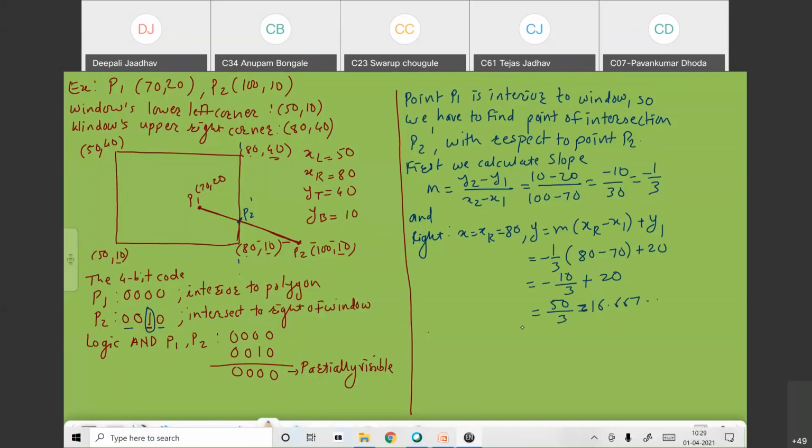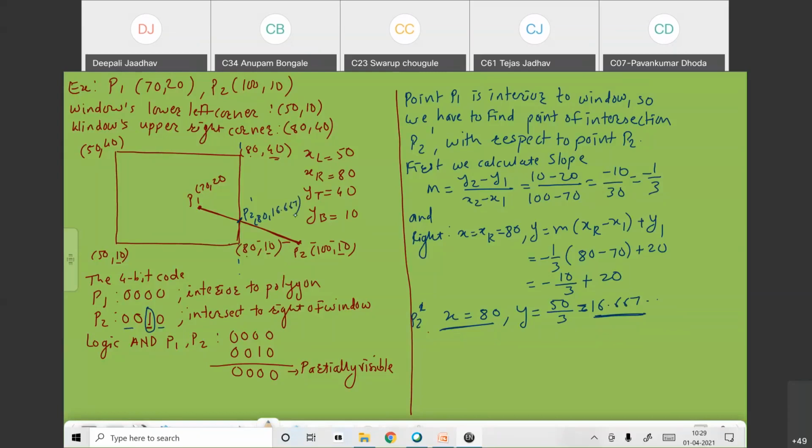So Y is equal to this value and X is equal to 80. Where is it? At this intersection. So this P2 dash, what is it? P2 dash: X is equal to 80 and Y is equal to 16.667.